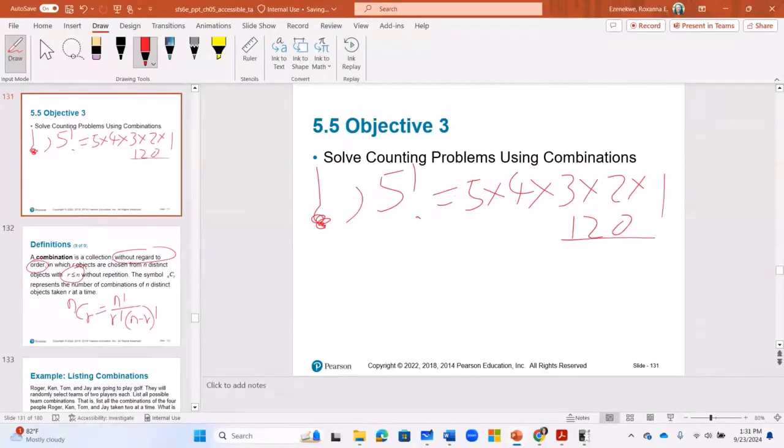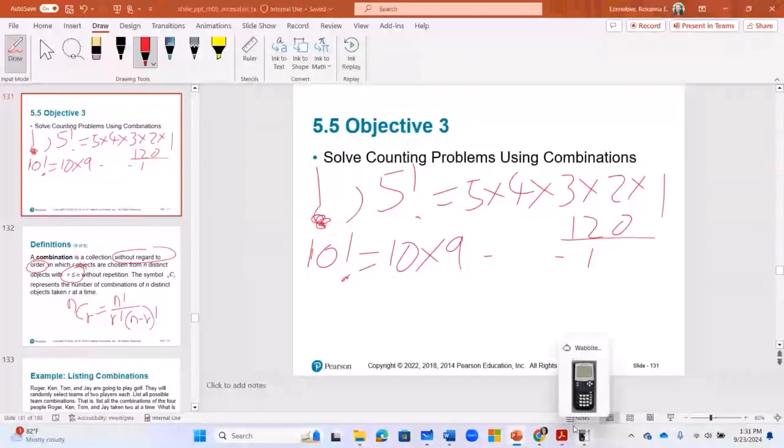If I'm told to write 10 factorial, sometimes it becomes so burdensome that you have to find your calculator. So 10 factorial will be 10 times 9, and I'll keep multiplying until times 1. I know you can do it in your calculator, but I don't want to assume you know, so let's do it with our calculator.